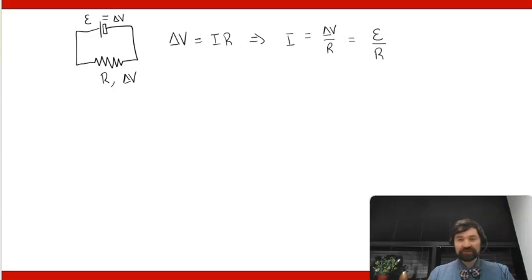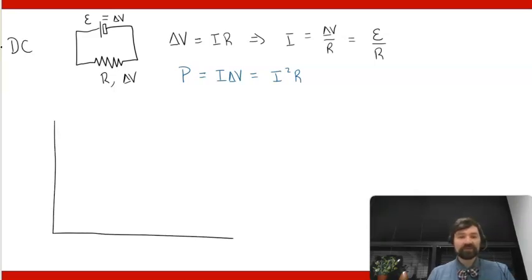Now with this, we also have the power, and the power, you'll recall, is I delta V, which is I squared times R. This is all basically for a DC or direct current output.